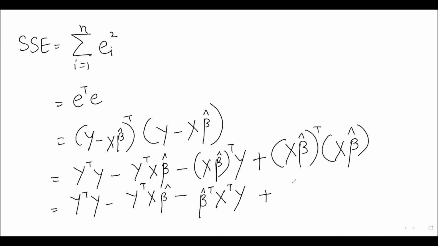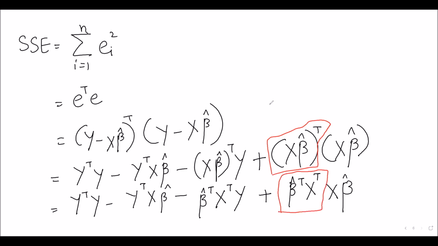Here also you're going to have beta hat transpose x transpose, that is this one, and this one, x beta hat. I don't have to do this, but to make it clearly visible for you all what we have done.